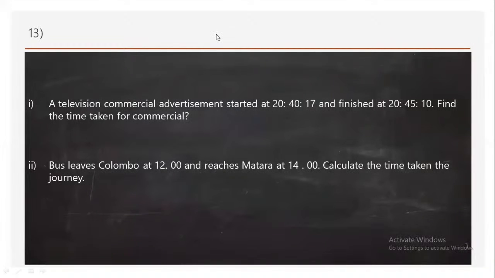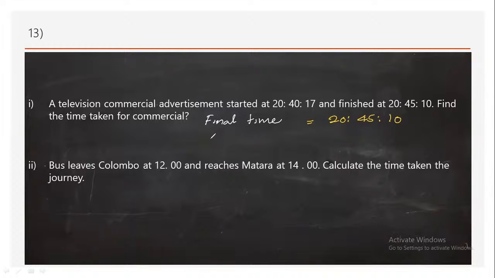Worded problems are here. A television commercial advertisement started at 20:40:17 and finished at 20:45:10. Find the time taken for the commercial. It means final time. Finishing time. You have to take finishing time as 20:45:10.